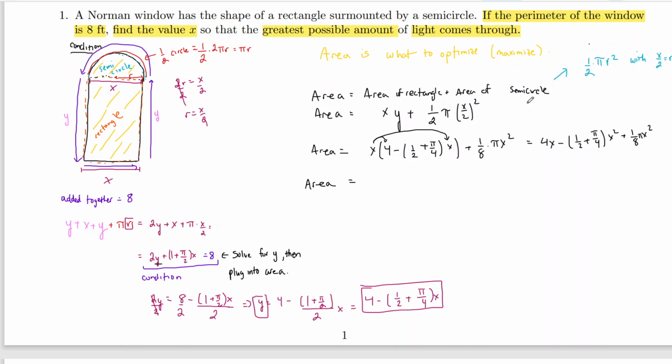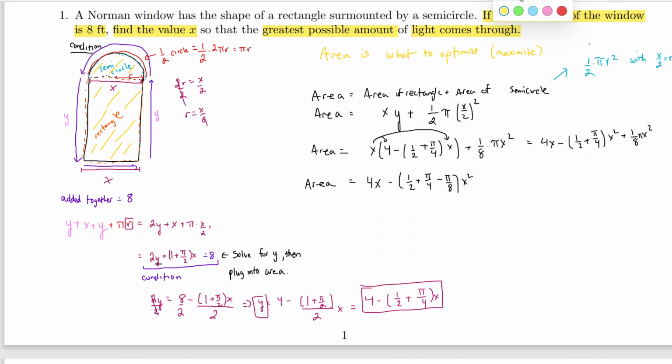If you're not comfortable with this step, just don't do this step and do the derivative from here, because you can do it from here. We got 4x minus, and then I have my 1/2, my pi over 4. Now what happens if I bring this inside is I get a minus, and it's 1 over 8 pi, which is pi over 8. And then I have the x squared on the outside.